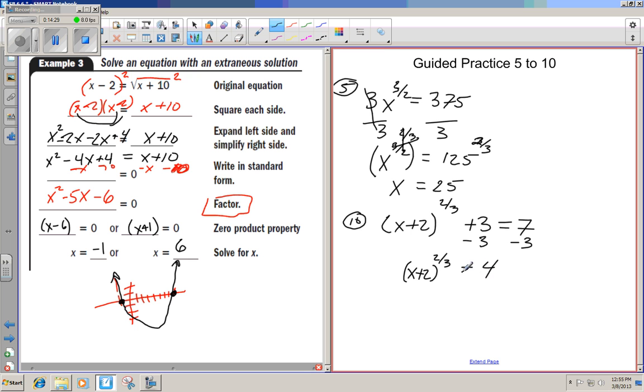It's 4. We raise this to the reciprocal power, 3 halves. And what you end up with is x plus 2 equals 4 to the 3 halves. So let's see, it should be 8.